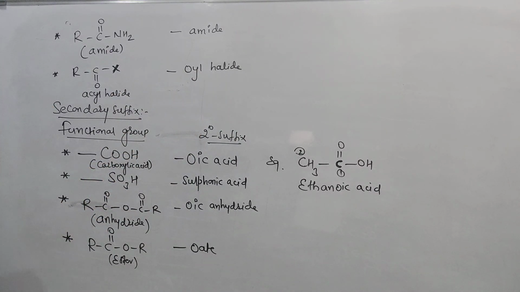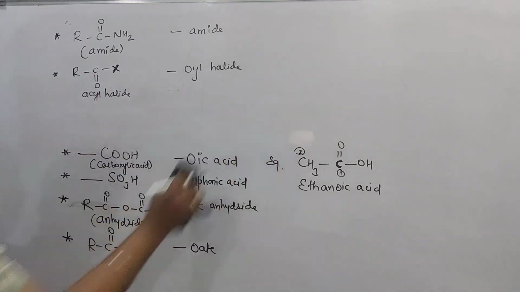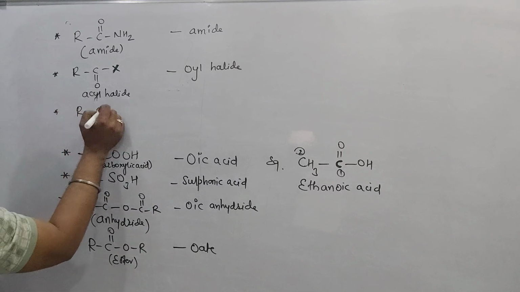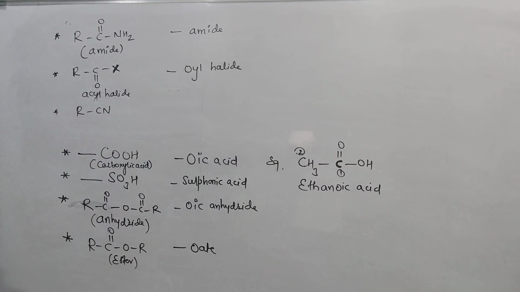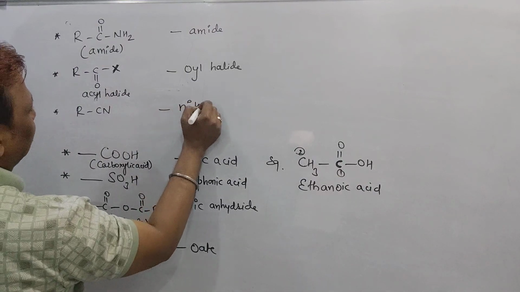But other than that, we have some more. Cyanide is there, which can be written as RCN, alkyl cyanide. And if alkyl cyanide is there, the secondary suffix should be written as "nitrile".